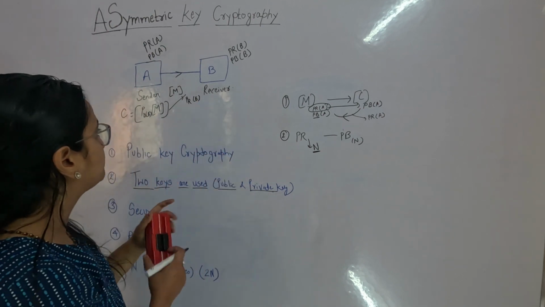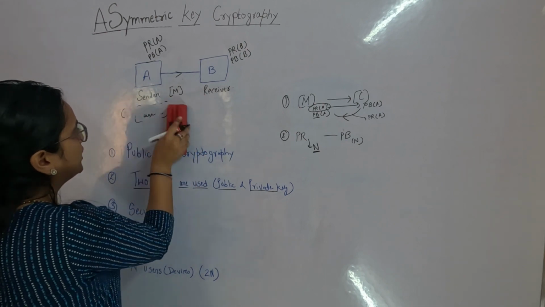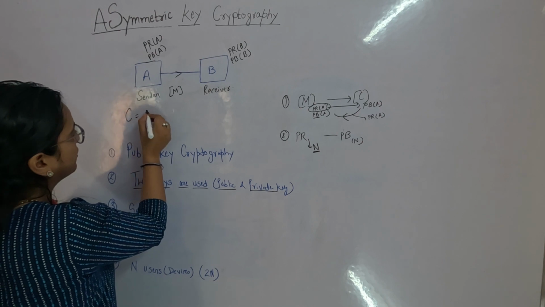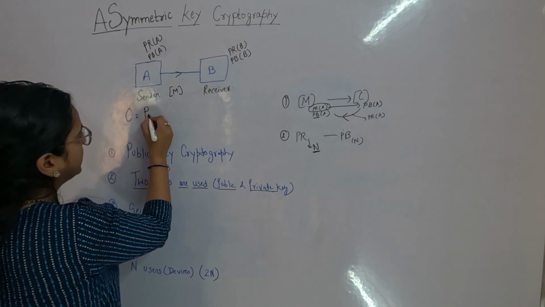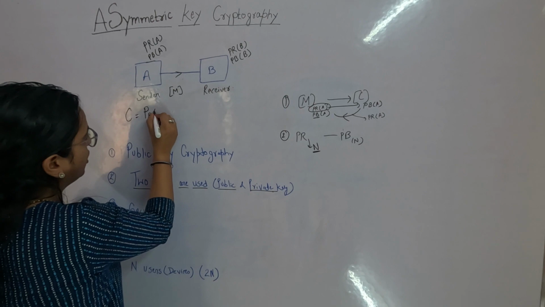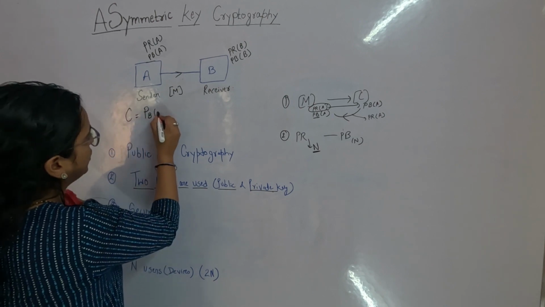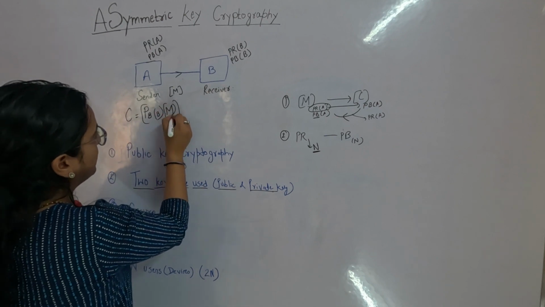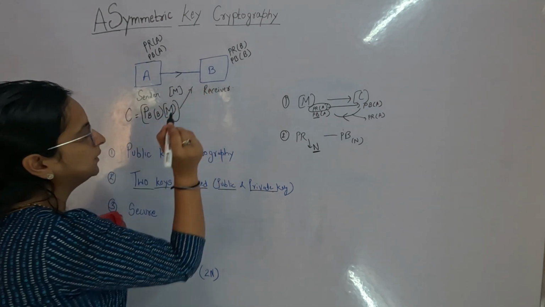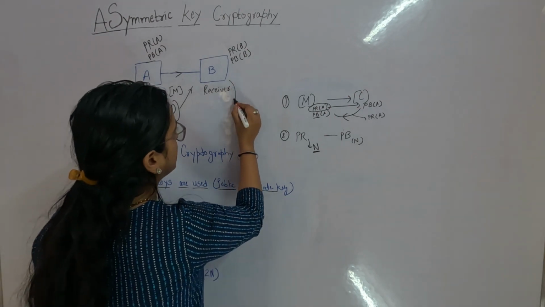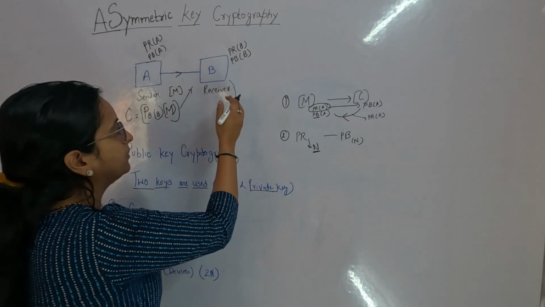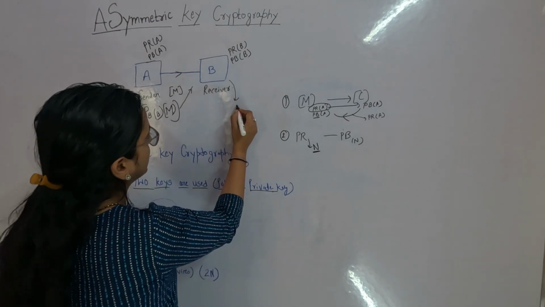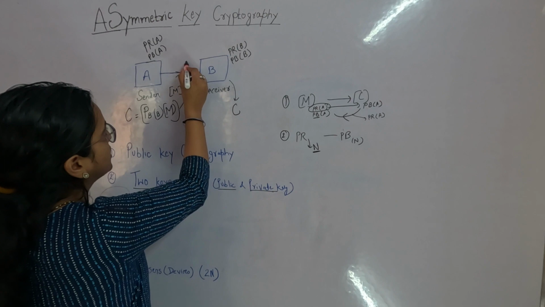So what we have seen here is that we were having 4 keys, but finally we are encrypting this message M with the public key of B, and it is sent to the receiver B. At the other end, the receiver gets this message C, because C was sent here.